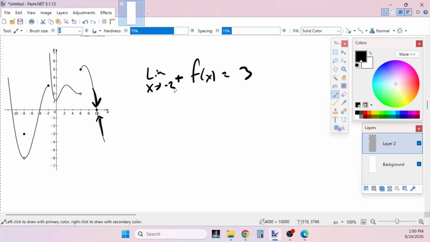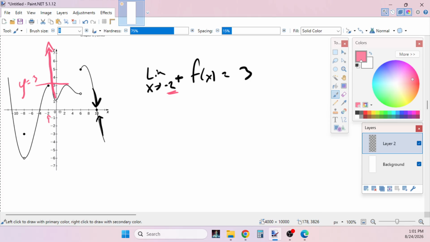So we're going to look at this -2. Here's -2. We're going to come from the right side. And the y value that we point at is definitely not a y value of 3. We're pointing somewhere up there.